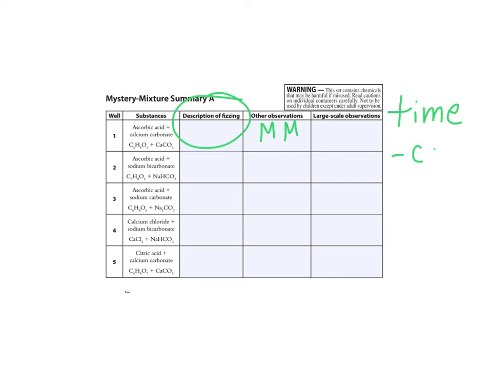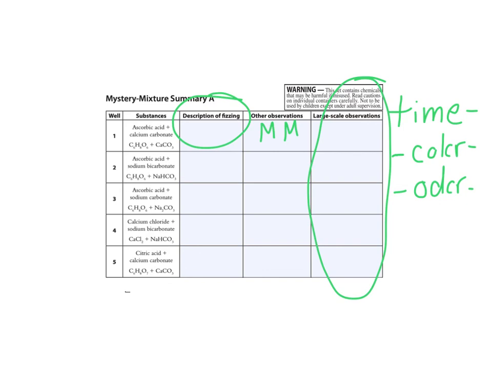Really think about color. Pay attention to any odor. If you're in class, you could do that. If you're online, you might not be able to. But again, look at some of these things you might not have considered before for other observations. Really, for now, leave the large scale observations blank. Leave this area blank. This will be for the next lesson.